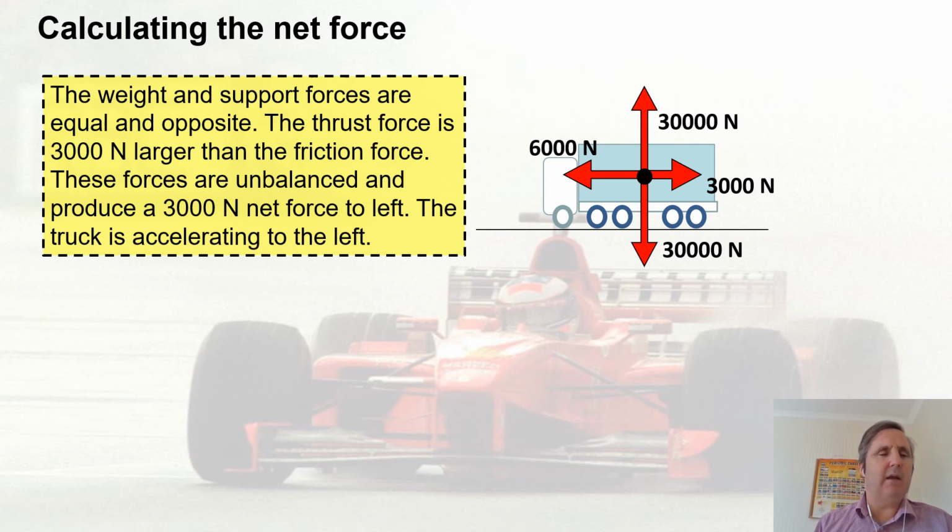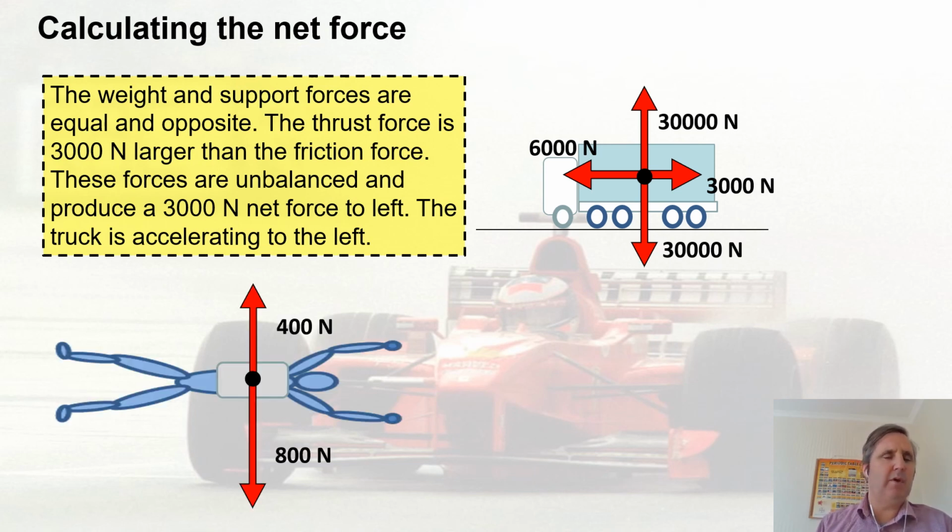They are unbalanced. It produces a net force of 3,000 to the left. So if we take away the 3,000 on the right from the 6,000 on the left, we're left with 3,000 to the left. The truck will accelerate towards the left. That's assuming that it was traveling to the left in the first place.